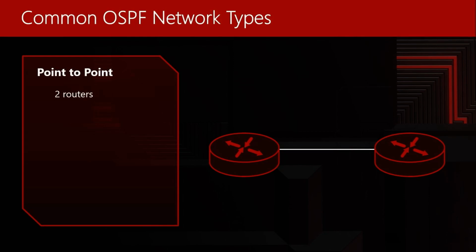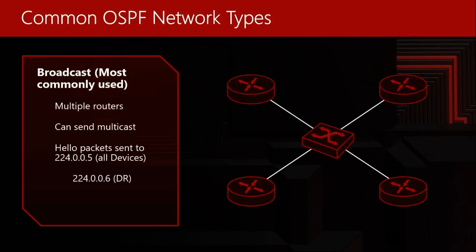The OSPF network types that we can have in our environment, which will control some of the OSPF operation and messages, are, for example, point-to-point, the connection between just two routers, or broadcast, which is the most common one and the default on the Fortinet firewalls.